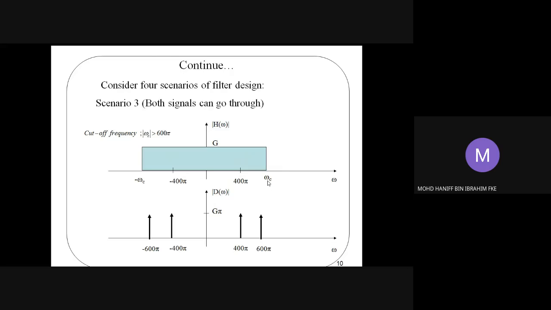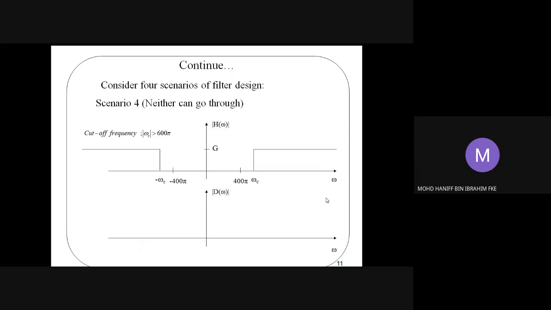With this condition, all the impulses from negative 600 pi up to positive 600 pi can pass through the filter, because we have set the cutoff frequency omega c to be bigger than 600 pi. That should be the third scenario.